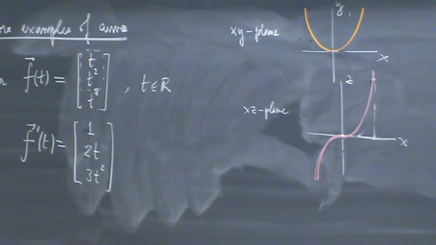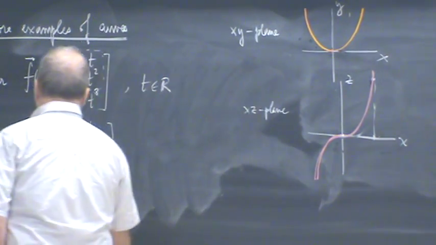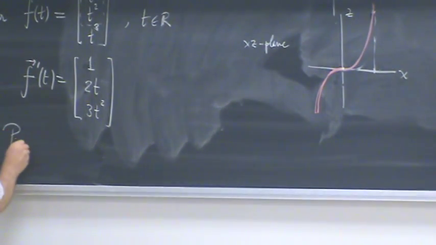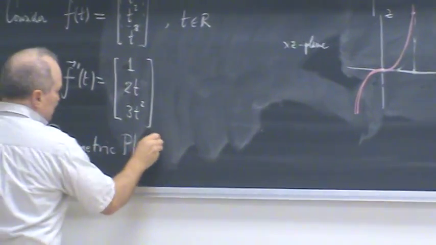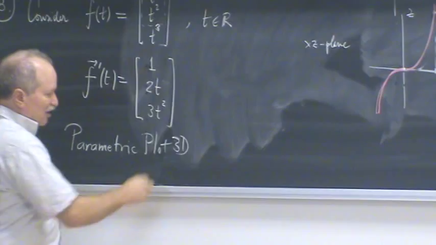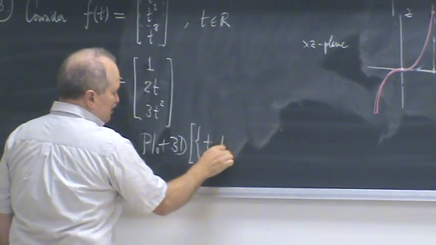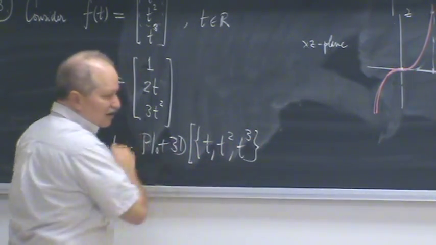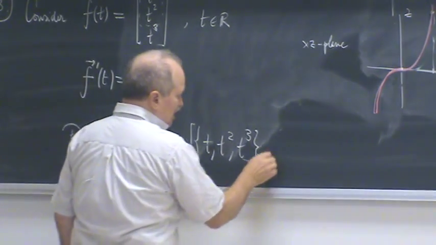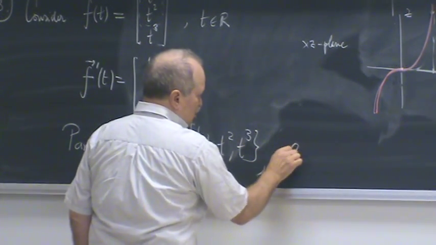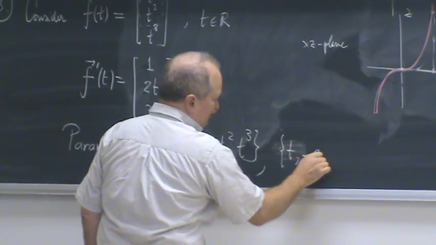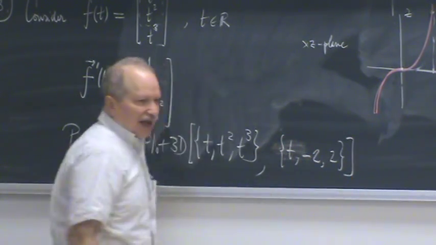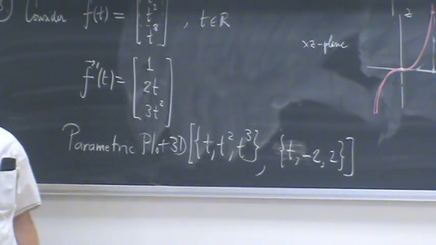But it is sort of fun to play with Mathematica and type in parametric plot 3D, and then you put t squared, t cubed, and you put t in some interval from like, say, -2 to 2, and you hit enter, and it draws you the picture.